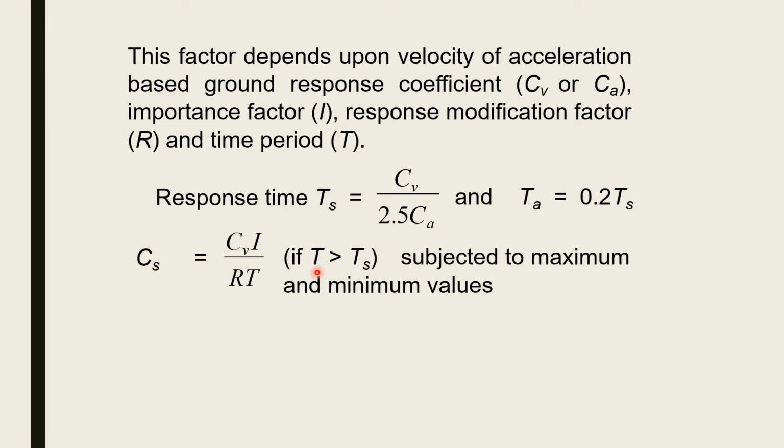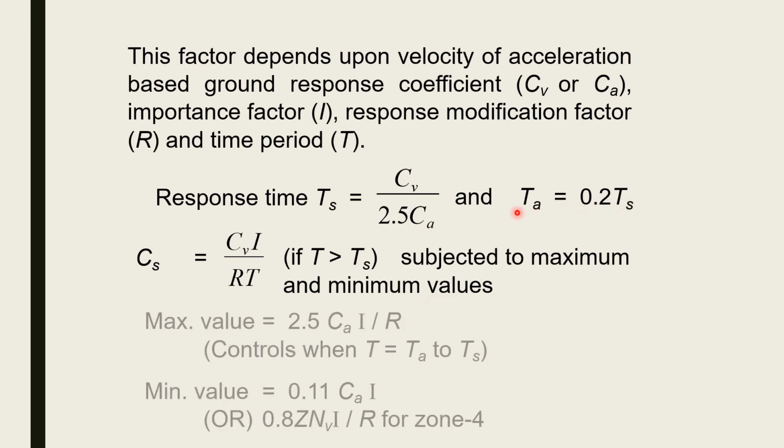How to calculate Ts? Ts is Cv over 2.5 Ca. These values Cv and Ca you can pick from the previous slides or from the book, depending upon the seismic zone and soil type. Again, Ta will be, after calculating Ts, 0.2 of Ts.